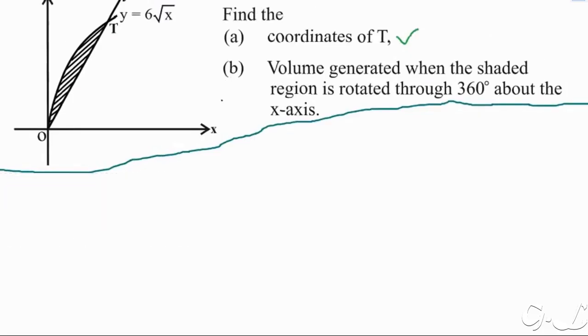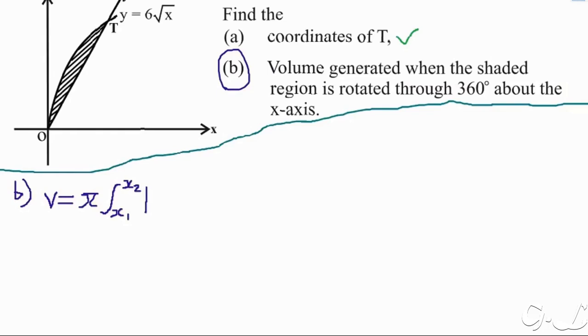So part B says: volume generated when the shaded region is rotated through 360 degrees about the x-axis. Let's answer the question. In this question, we are required to give the answer for volume. So this is how you answer such a question.